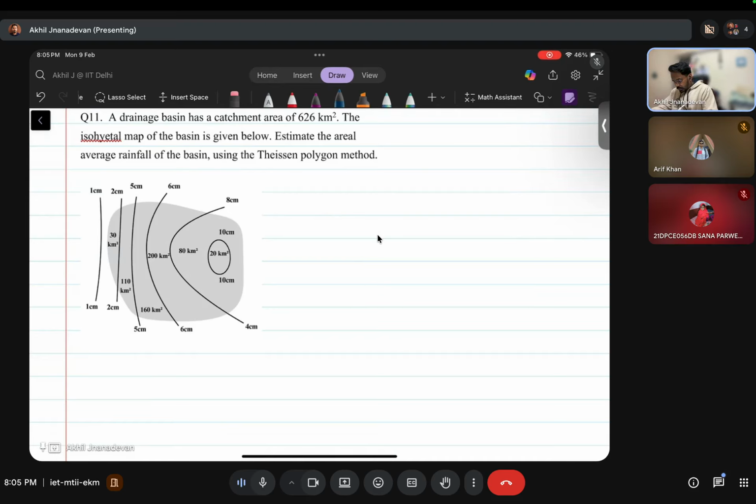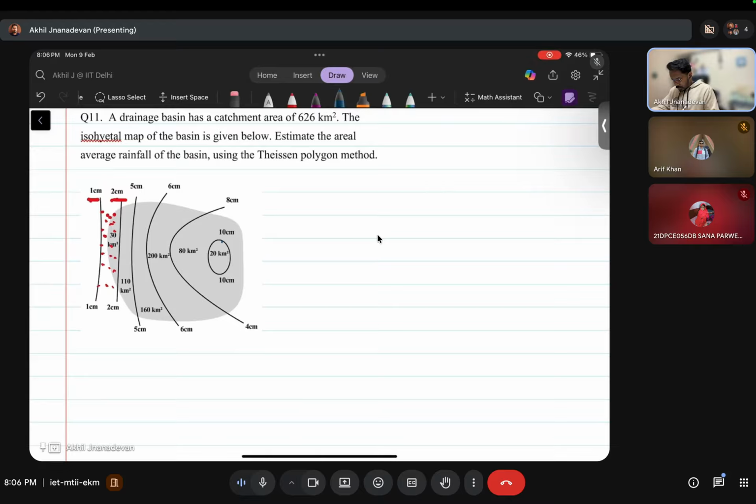For this, I already told you, the area between two isoheights will have the average of those two isoheight values. So 1 and 2, 1 plus 2 by 2, this average value will be for the 30 kilometer area. Also, if you can see, there is a closed contour here.